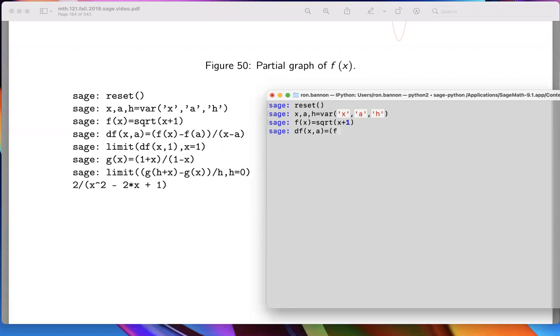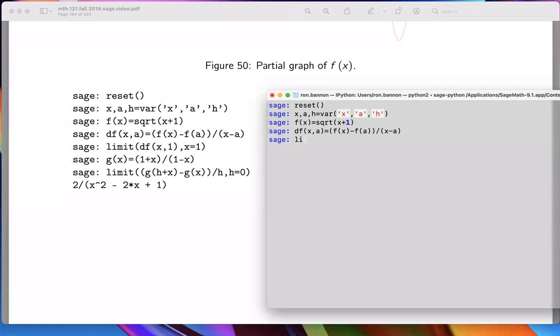So you get F of X minus F of A, this is also called average value, divided by X minus A. Now remember, if you type something incorrectly in Sage, it's going to let you know. So F takes a single argument. DF takes two arguments, and the two arguments for DF are both X and A.